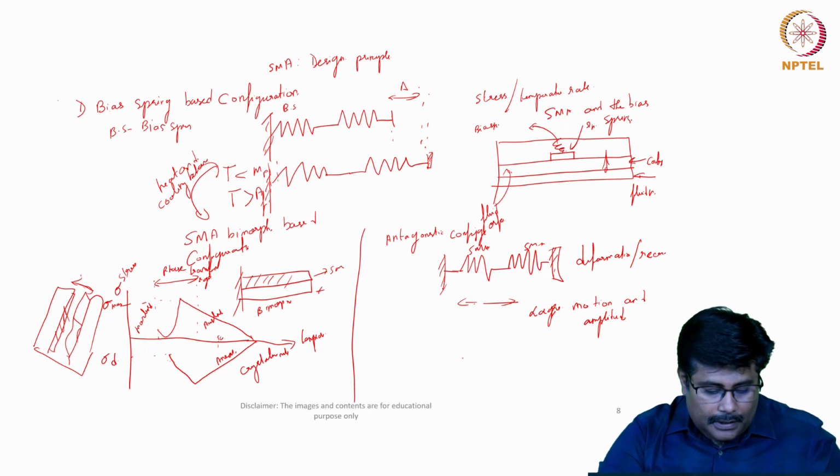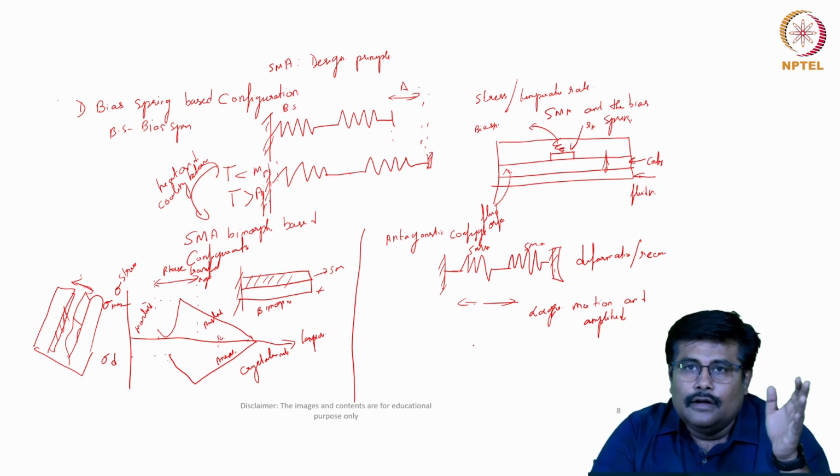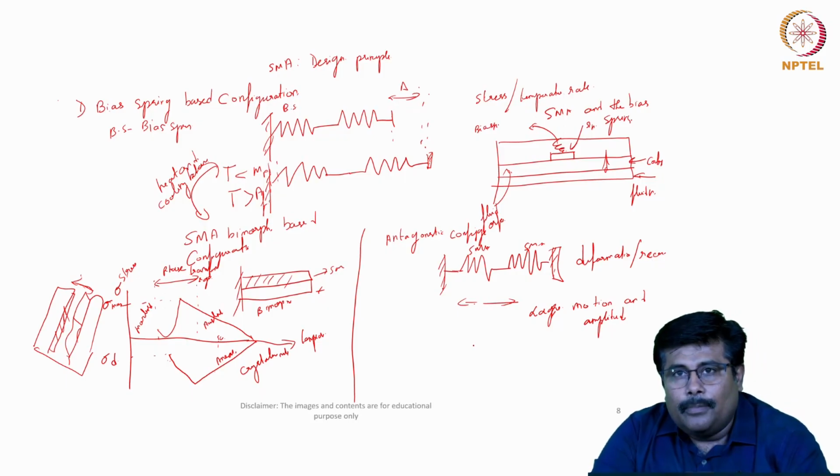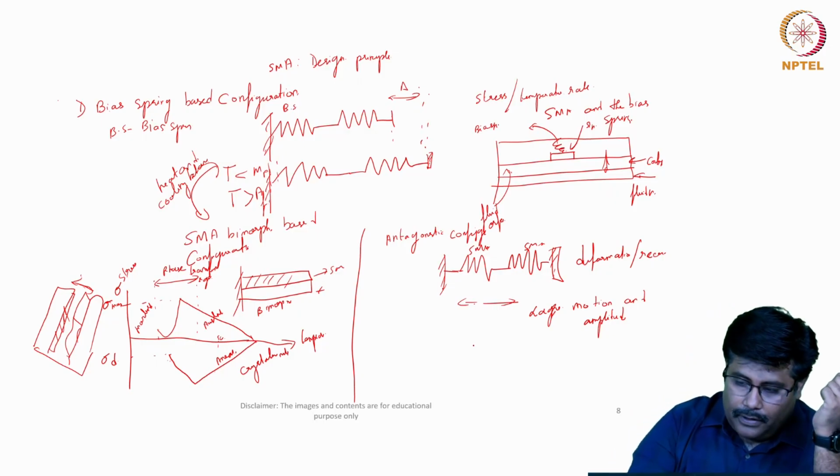So that is one advantage of this system. We can encash a one-way effect, and then we can create an appropriate displacement using this structure. Next concept is the two-way effect.